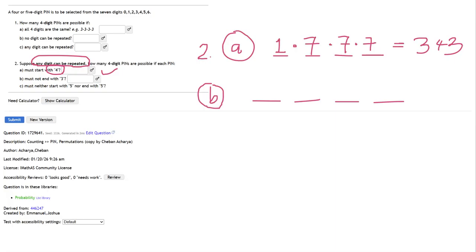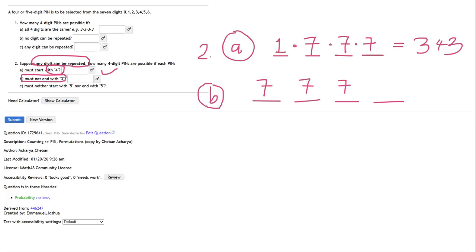The first digit could be any of the 7 digits, the second digit could be any digit, and the third digit could be any digit, but the fourth digit cannot be 3.